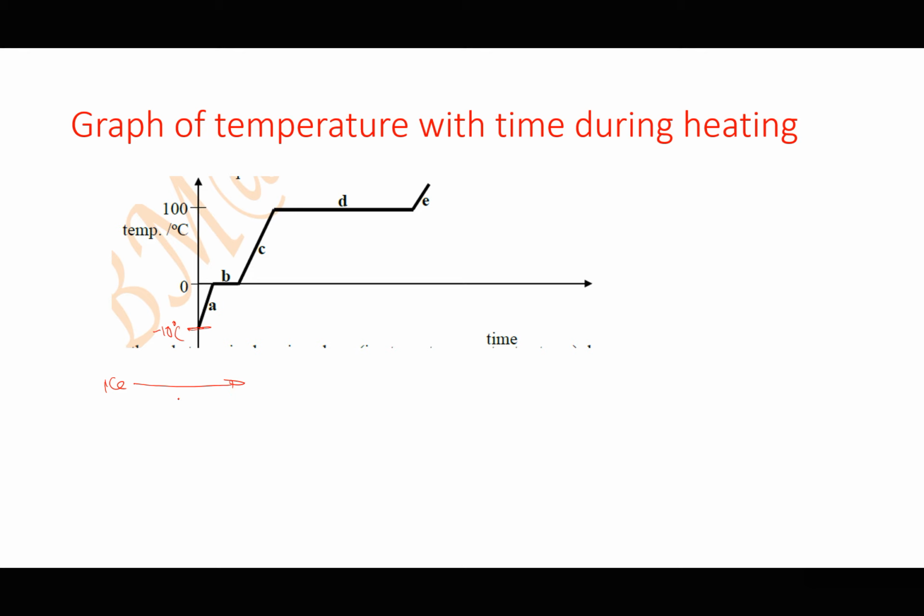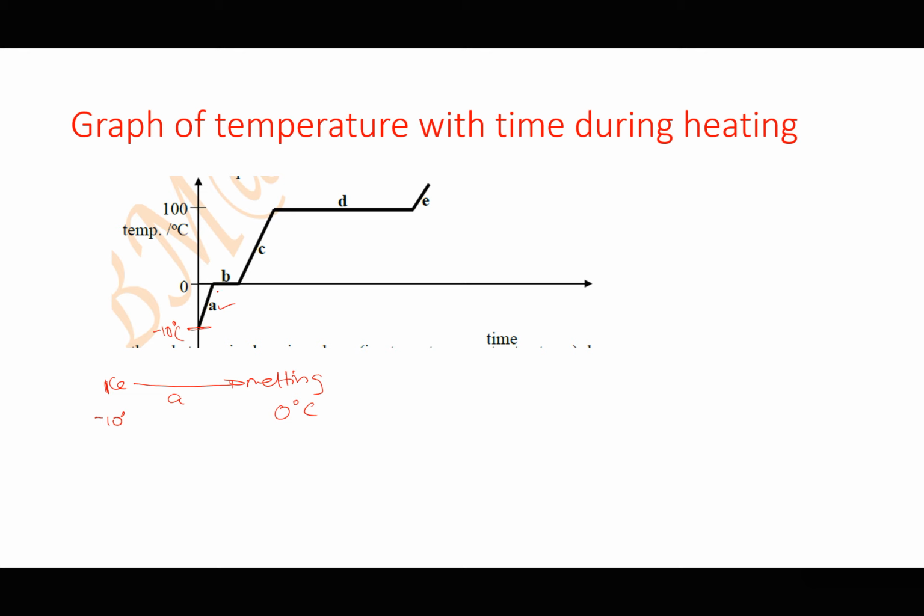That is what is happening in the part represented by A. When ice is being heated, before it starts melting, the temperature rises from negative 10 degrees Celsius. When the ice starts melting, this will be at 0 degrees Celsius.